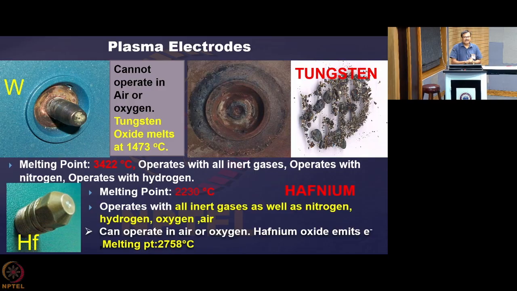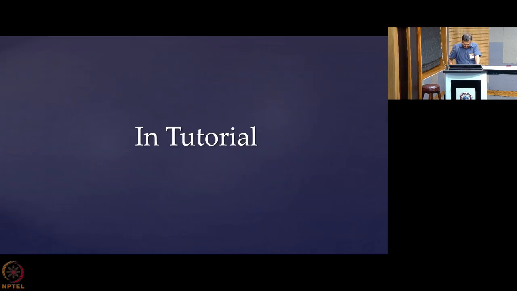This type of cathode is called a thermochemical cathode, because when operating with the plasma gas at very high temperature, they react with the gas and form some compound which helps them sustain the arc for a longer time, because here the melting point is increasing, so that reduction in melting point is not there, and you really want to operate with oxygen because that will help you increase the melting point. So that is how the thermochemical and thermionic cathodes operate.